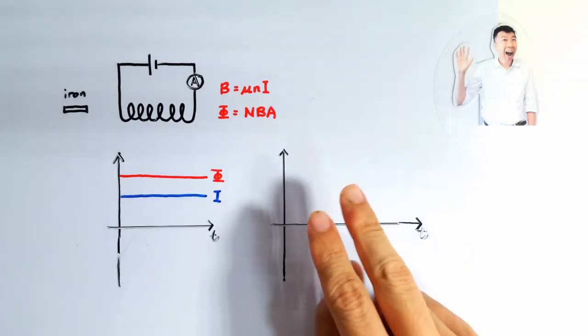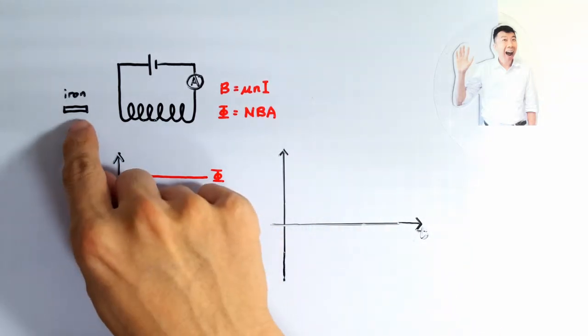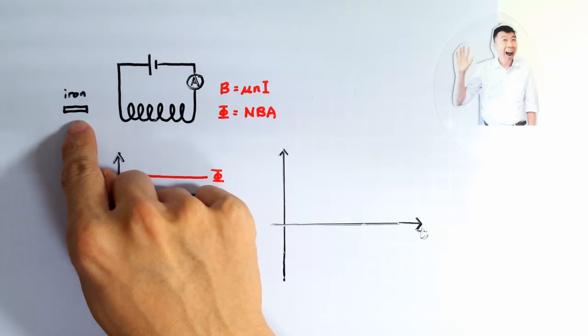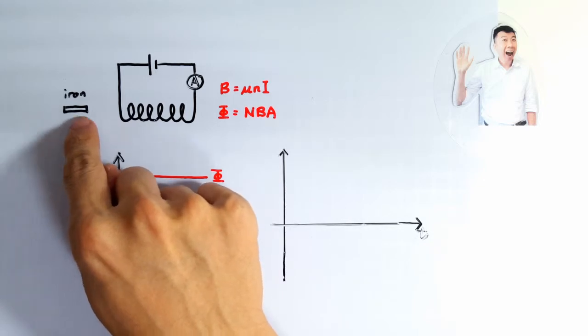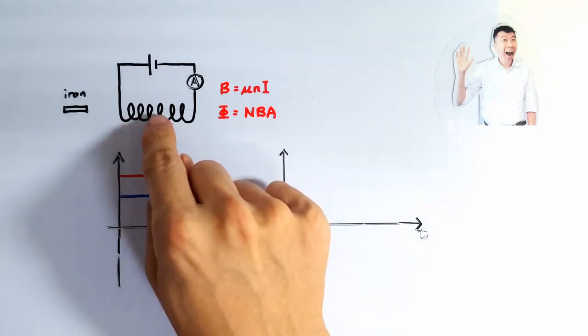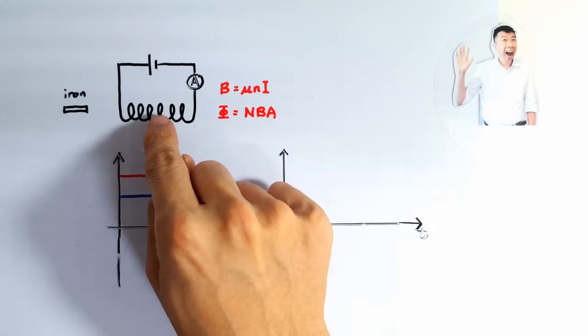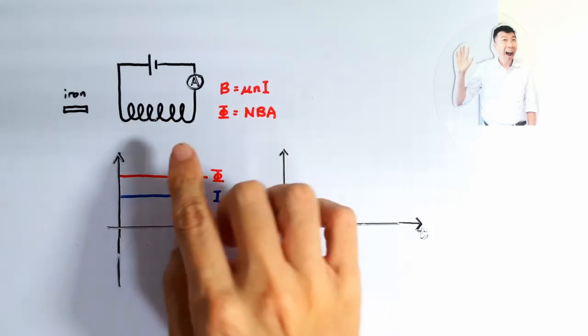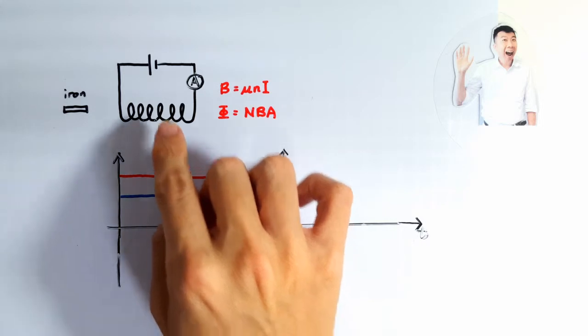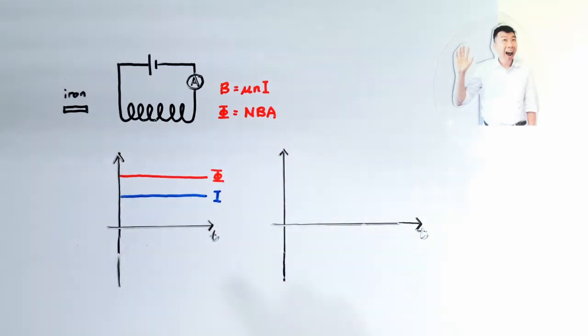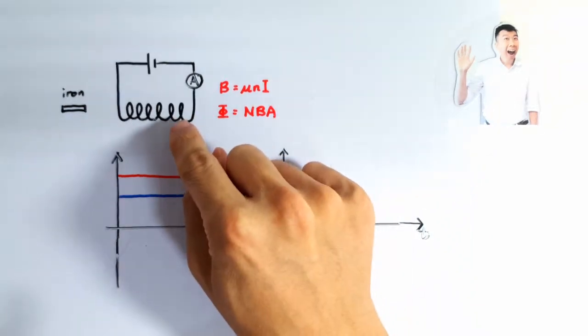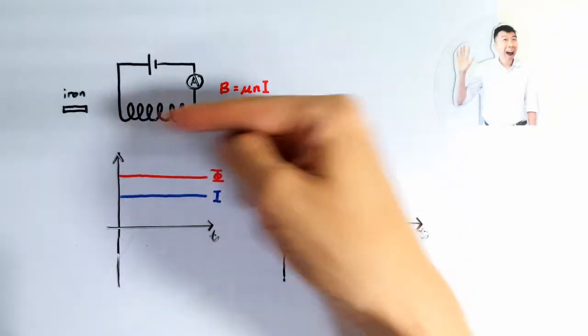The second way to explain this is to realize that iron is magnetizable. So when the iron is in the solenoid, the iron itself gets magnetized, and it will be magnetized in the same direction as the magnetic field of this solenoid. So let's suppose that the magnetic field of this solenoid is say leftward.